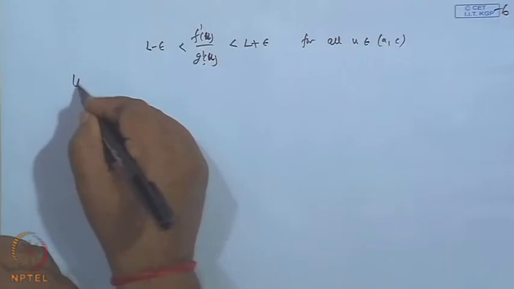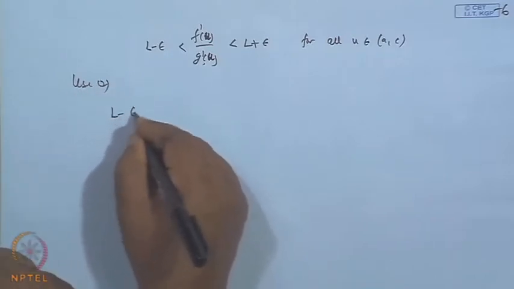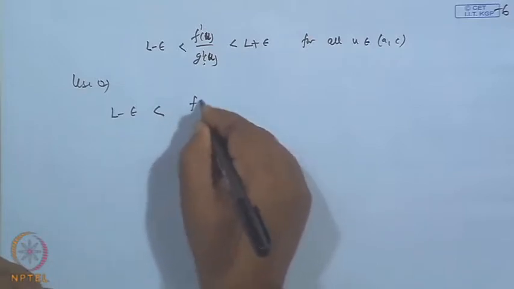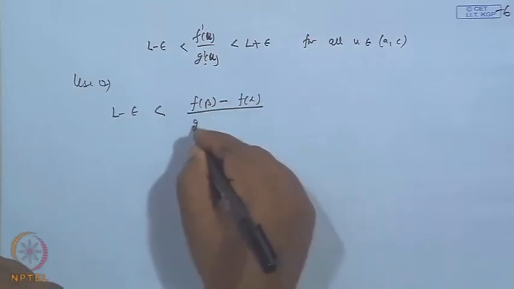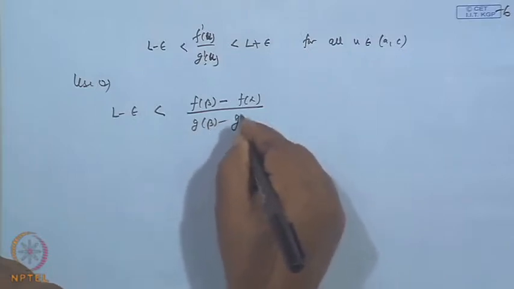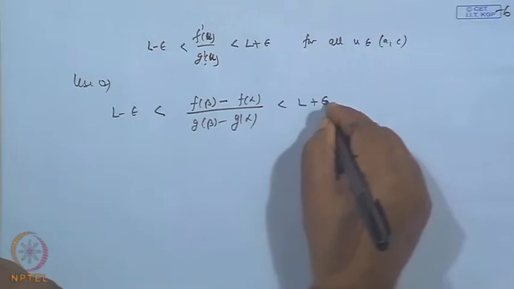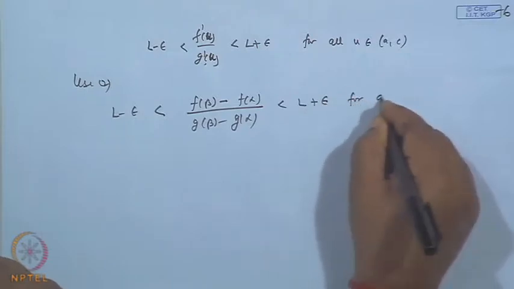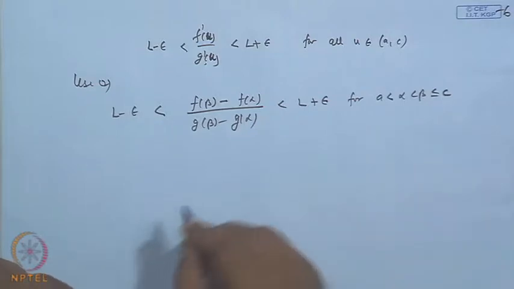Hence from 2 we can say L minus epsilon is less than (f beta minus f alpha) over (g beta minus g alpha), which is less than L plus epsilon, for A less than alpha less than beta less than or equal to C.